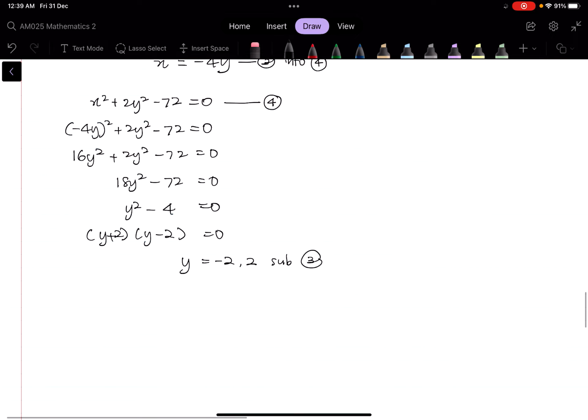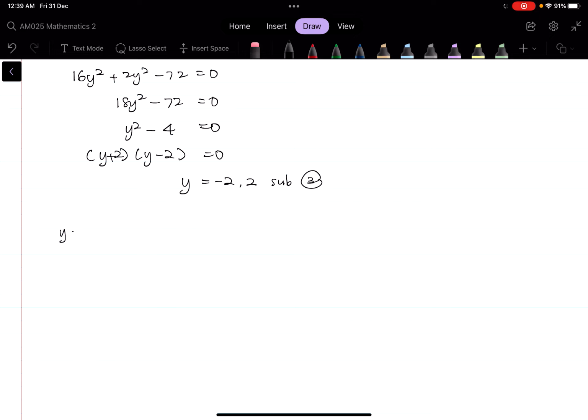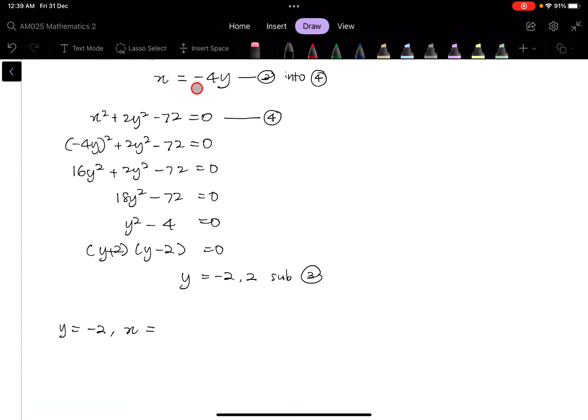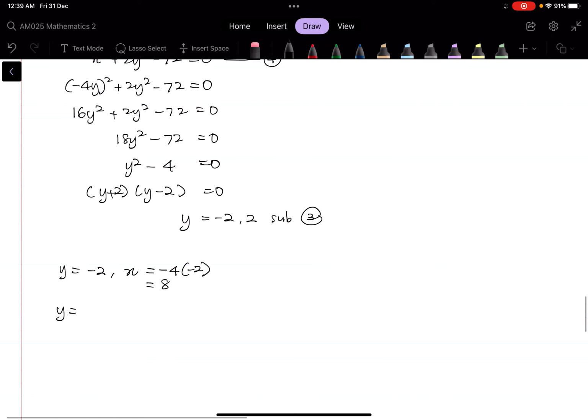If my y equals negative 2, what is my x? Substitute into the third equation, x equals negative 4y. So x equals negative 4 times negative 2, which is positive 8, right? If y equals positive 2 now, x equals negative 4 times 2, which is negative 8, right?